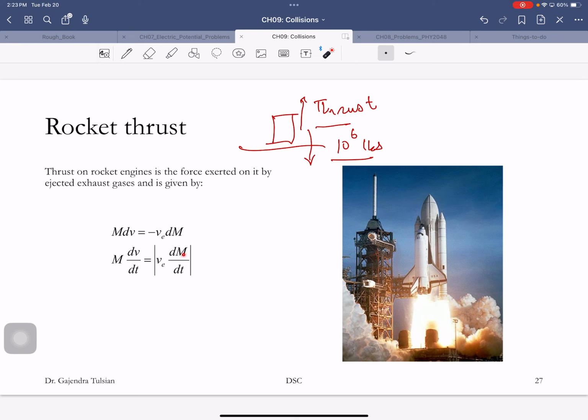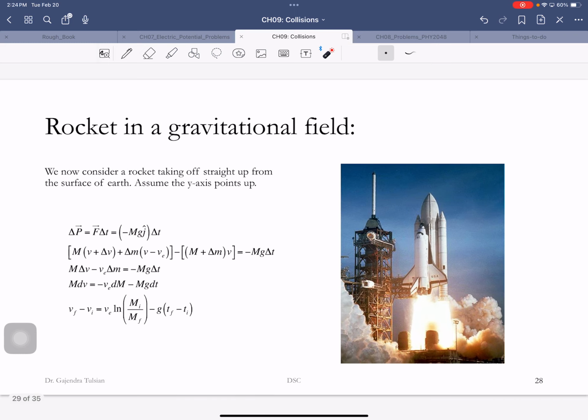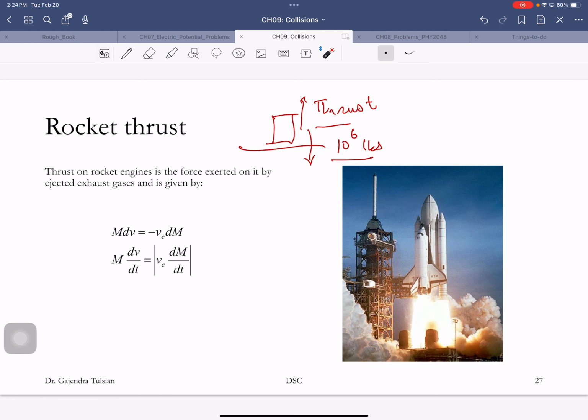That's the burn rate, the rate at which you're burning fuel. So if you want greater thrust, you either choose a fuel with a great exhaust velocity or burn fuel at a faster rate. So the larger the rocket you have to launch, the greater the fuel burn rate you have to have.